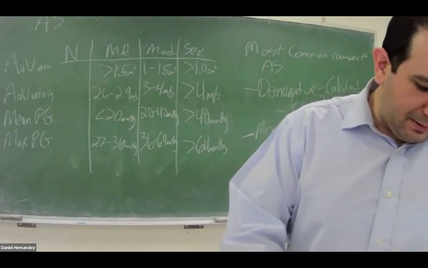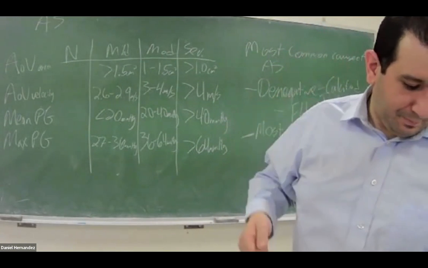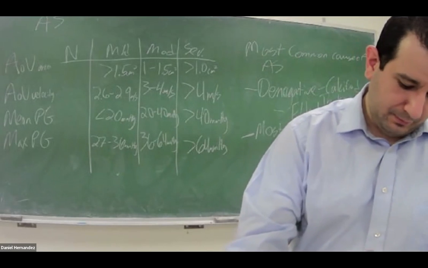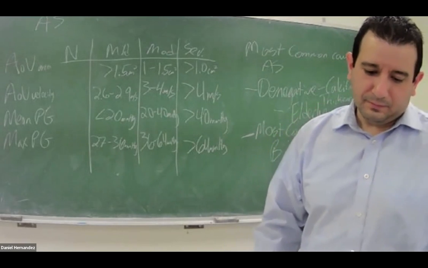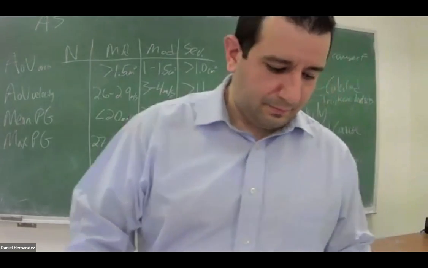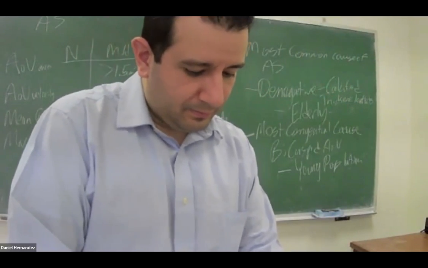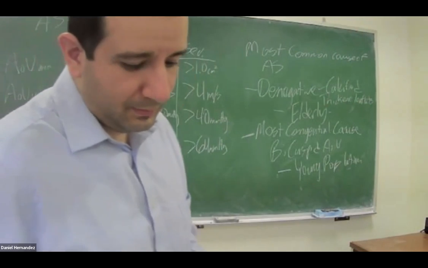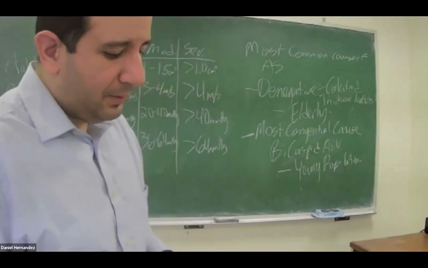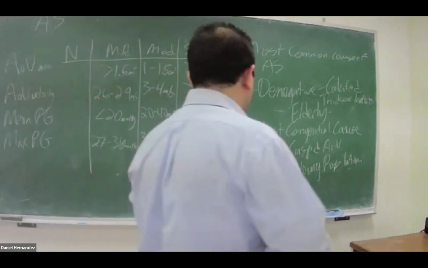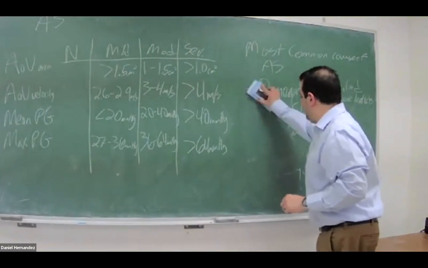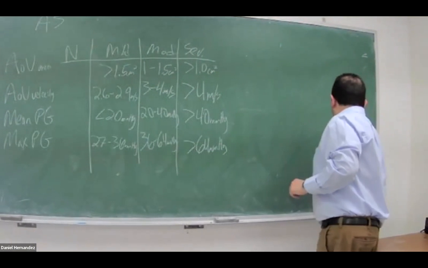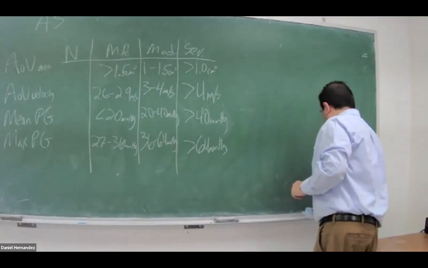What are some things that we could see with aortic stenosis? With our M modes, we'll have a thickened appearance to the leaflets with our diamond shapes.